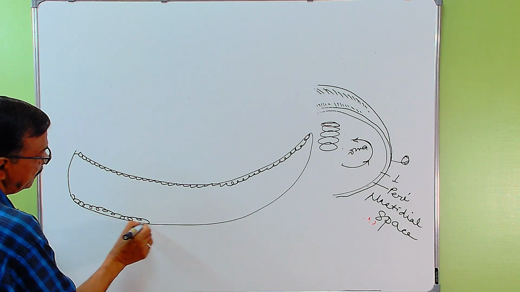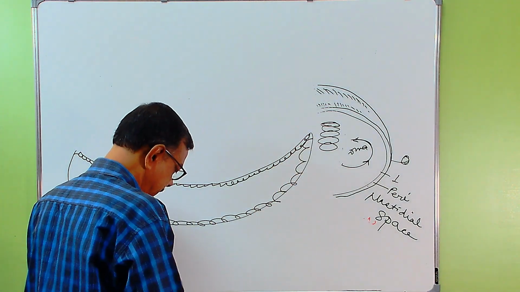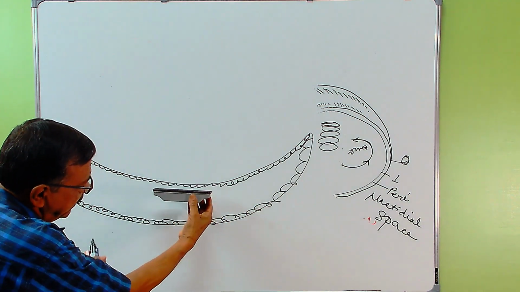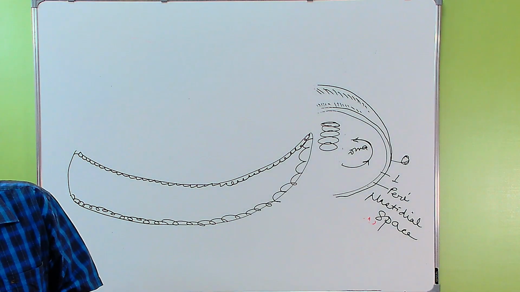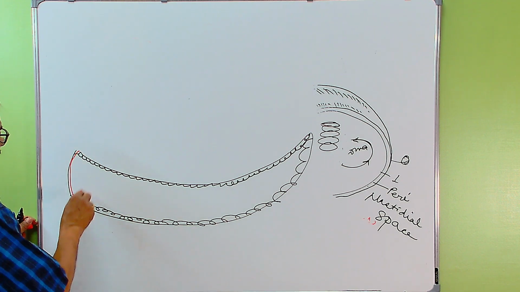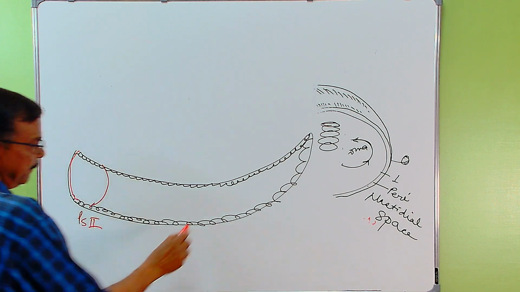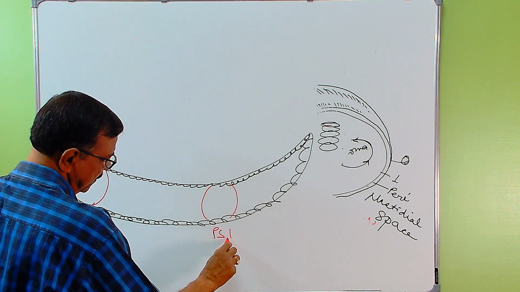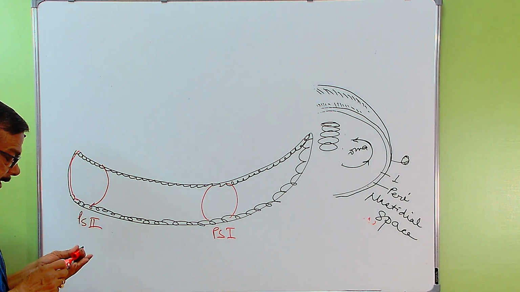I am taking the side of the coin like this. This is the side of the thylakoid membrane. In the thylakoid membrane, there are embedded some proteinaceous structures. This is known as PS2, and this is known as PS1.